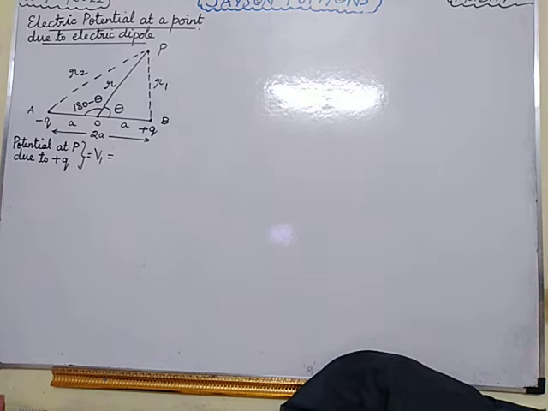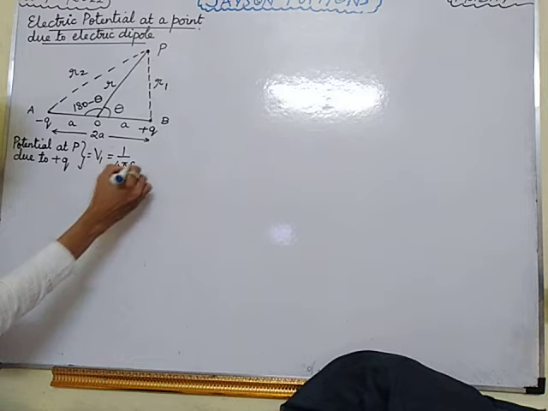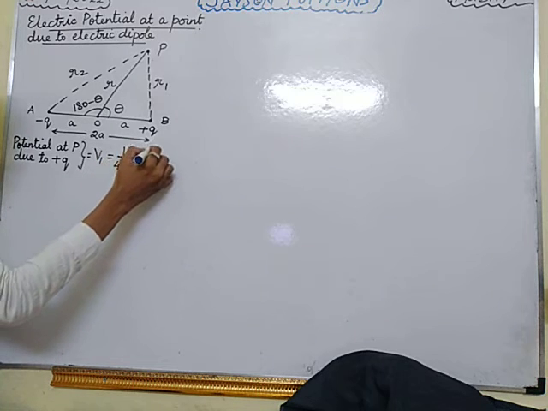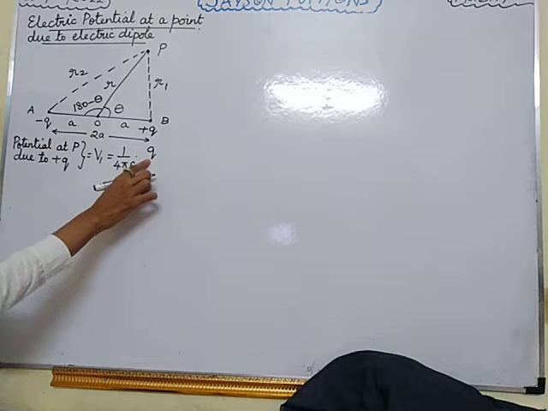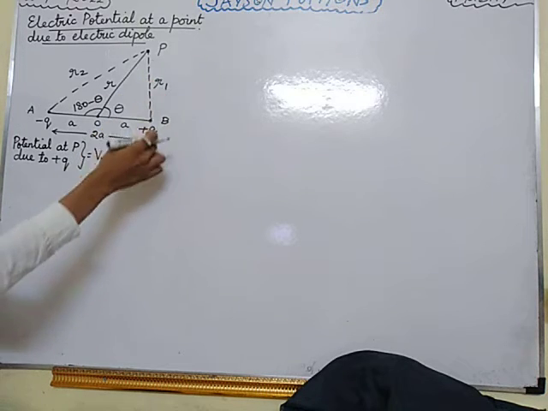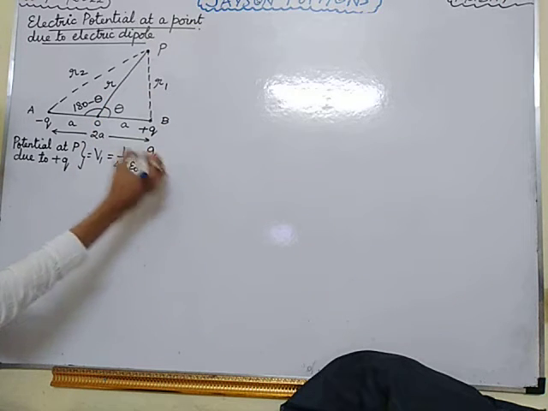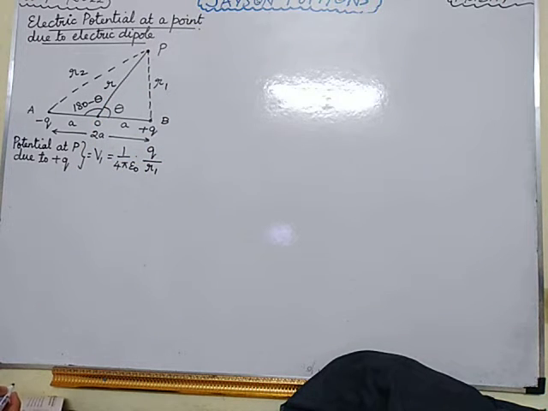What is the formula for potential? 1 by 4 pi epsilon naught, or K, times Q by R. This is plus Q, so plus Q divided by R1, since the distance between plus Q and P is R1. Not R1 square, only R1. Electric field goes as 1 by R square, potential goes as 1 by R.